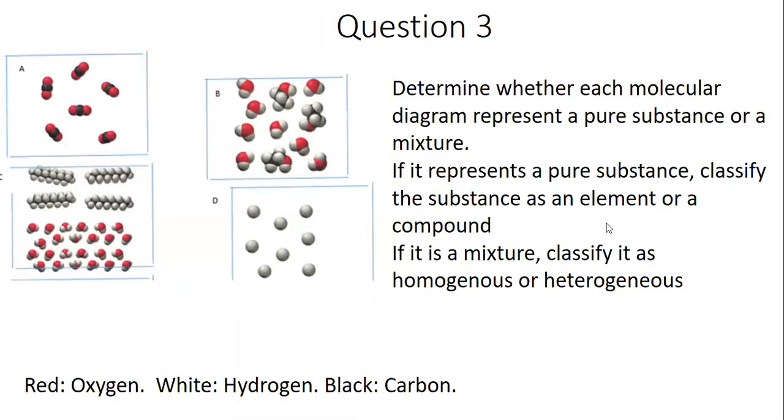So let's see if we can look at images of molecules and determine pure substances or mixtures. If it's a pure substance, tell me if it's an element or a compound; if it's a mixture, homogeneous or heterogeneous. In these pictures, you're looking at different atoms, A, B, C, and D, and I have a key down here to know what atoms you're looking at. So I'm going to put the poll back up.